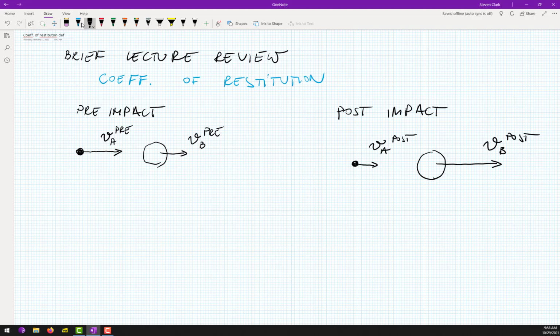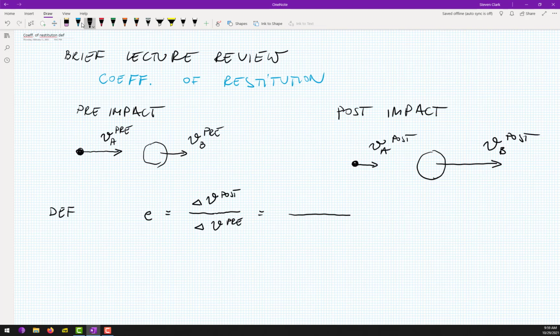By definition, the coefficient of restitution is the difference between velocities post-impact divided by the difference in velocities pre-impact.